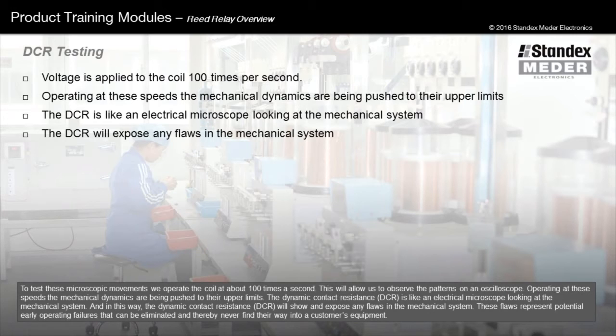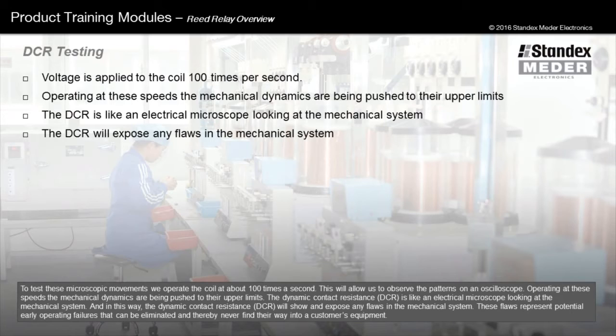This will allow us to observe the patterns on an oscilloscope. Operating at these speeds, the mechanical dynamics are being pushed to their upper limits. The dynamic contact resistance is like an electrical microscope looking at the mechanical system. And in this way, the dynamic contact resistance will show and expose any flaws in the mechanical system.